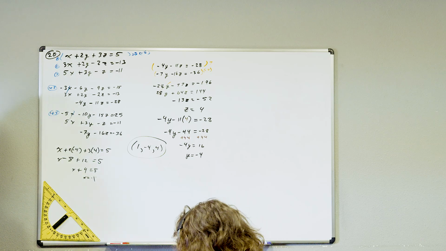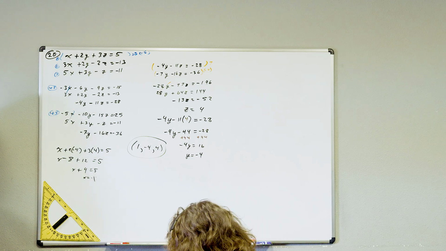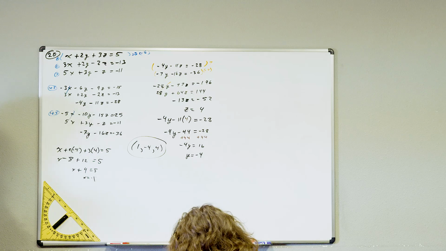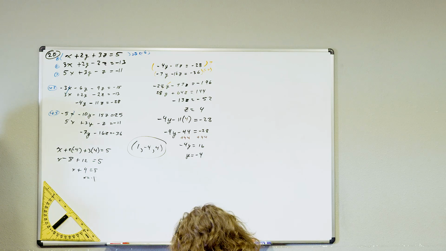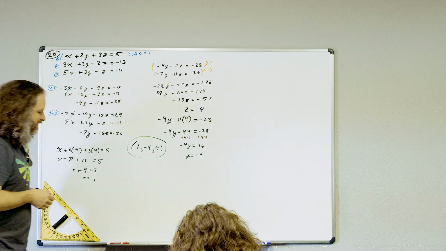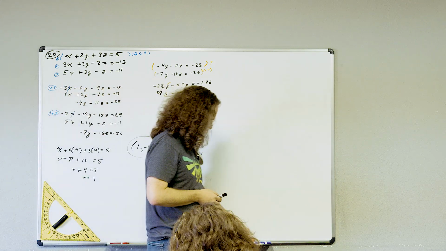Wait, what? No, I got it. Good. Glad you got it. Is that a 4? It is a 4. It used to be a 9. It looked a lot like a 9, so I kind of smooshed it.